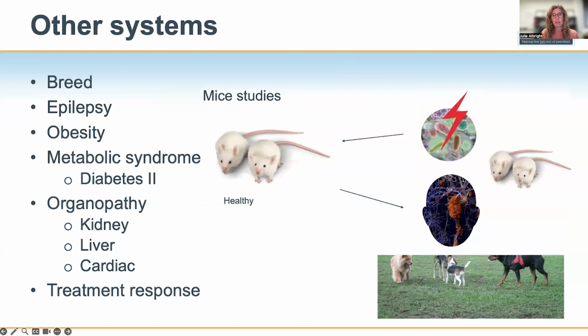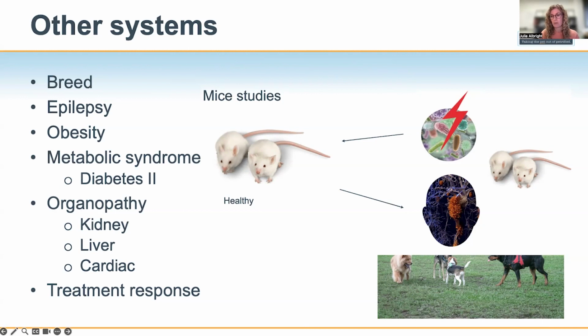And there's one study out of Germany, I believe, speaking of response to treatment. This is a very small pilot study, but these researchers took the microbiome of the dogs that responded to treatment for their epilepsy and transplanted it into the gut of the dogs that were not responding very well.